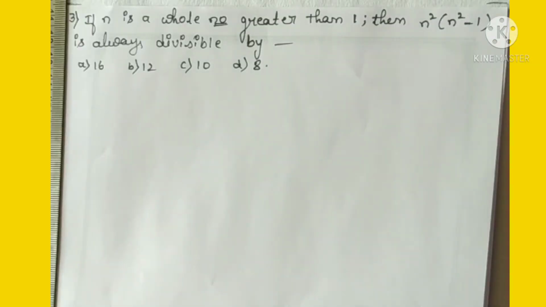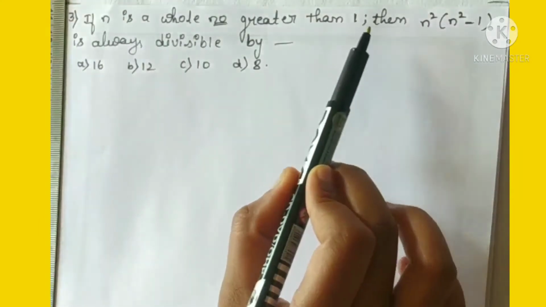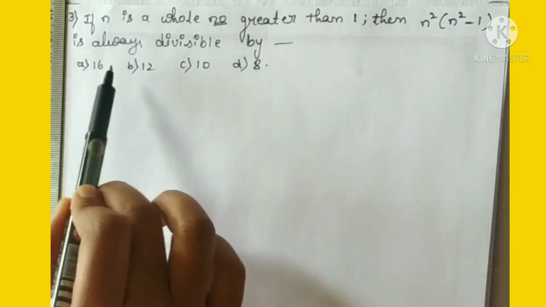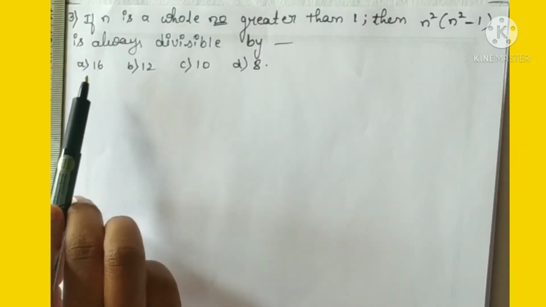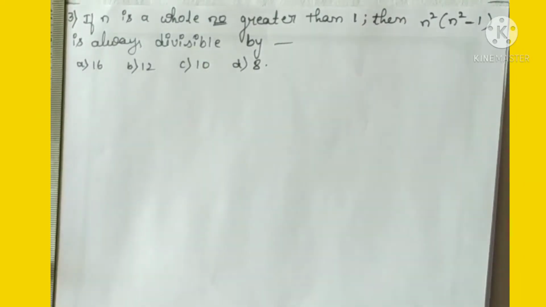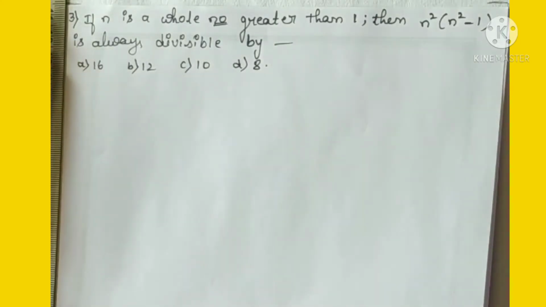Question number 3. If n is a whole number greater than 1, then n square into n square minus 1 is always divisible by. The options are given like this: 16, 12, 10, 8. Here the given data is n is a whole number greater than 1.